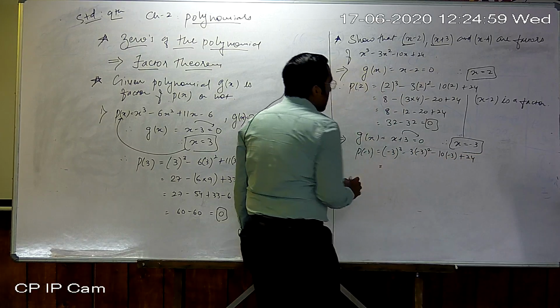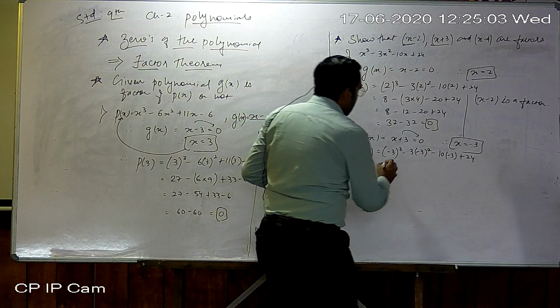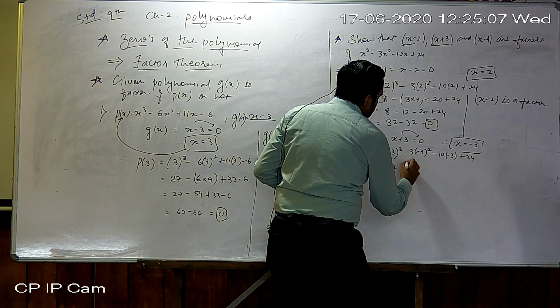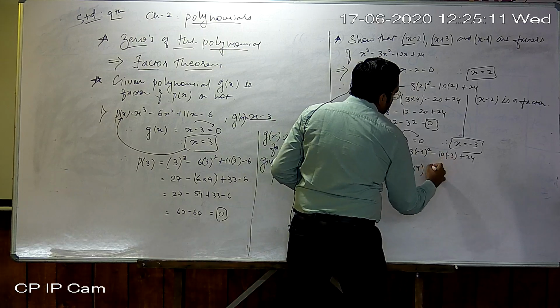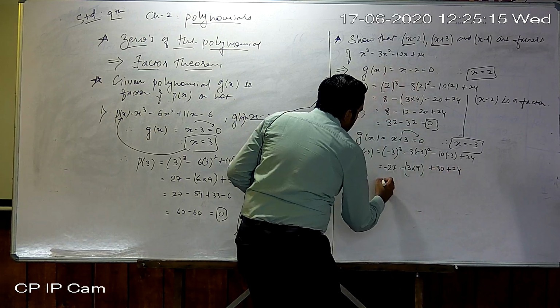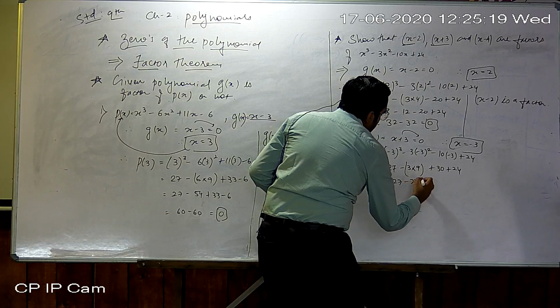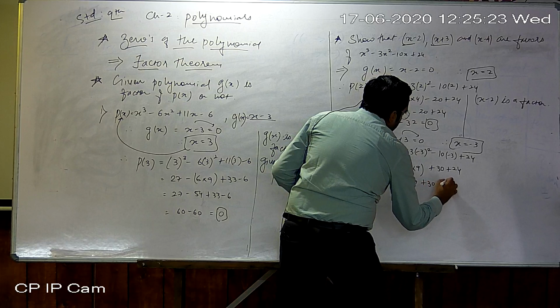So minus 3 cube is minus 27, minus 3 into minus 3 square is minus 27, plus 30 plus 24.